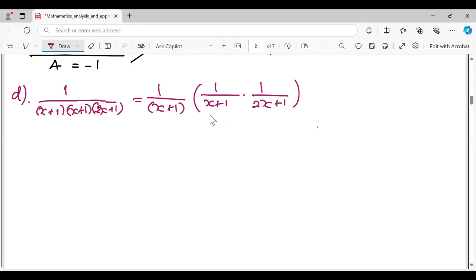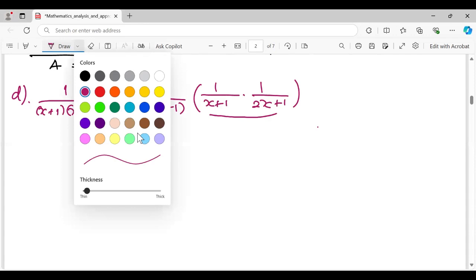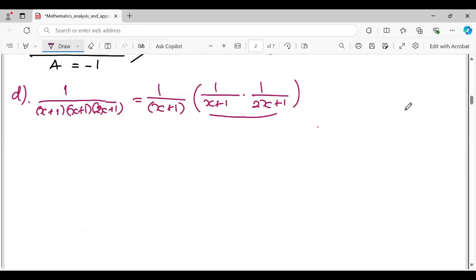About this part, this term, I will use a previous strategy, A and B. A plus B becomes like this. Better if I use a different color.